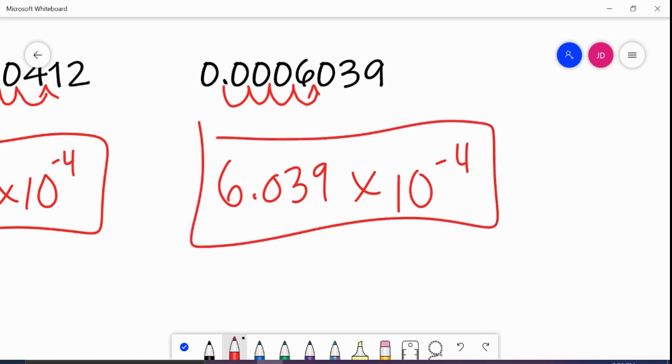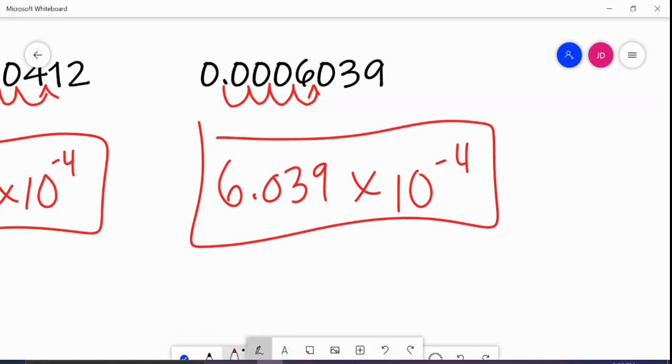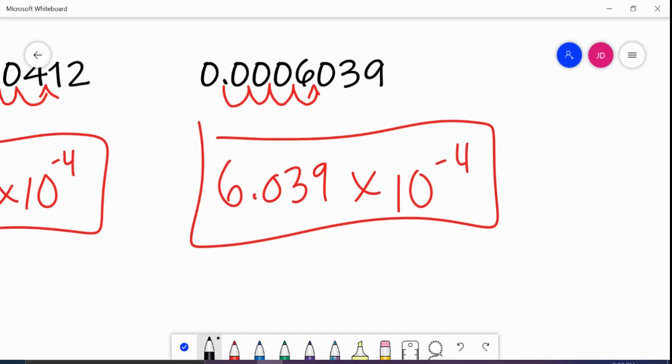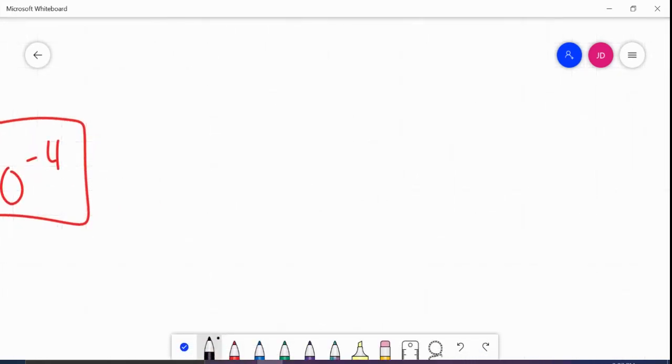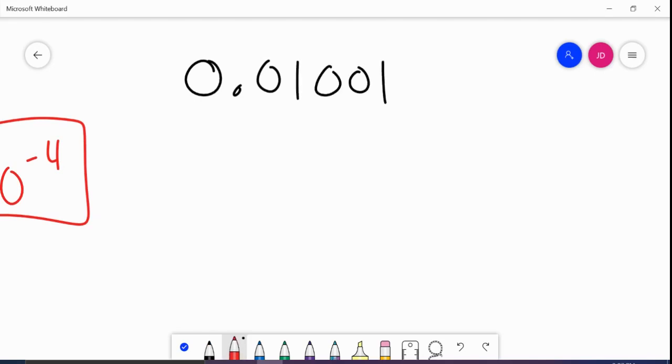Actually, you know what? We're going to do one more because of that, just in case. So I'm going to have 0.01001. There we go.